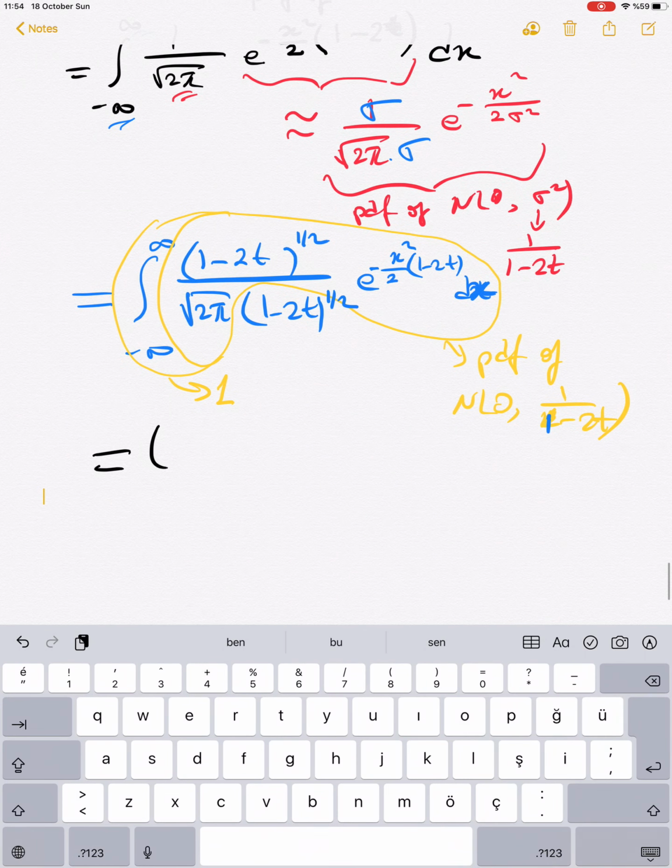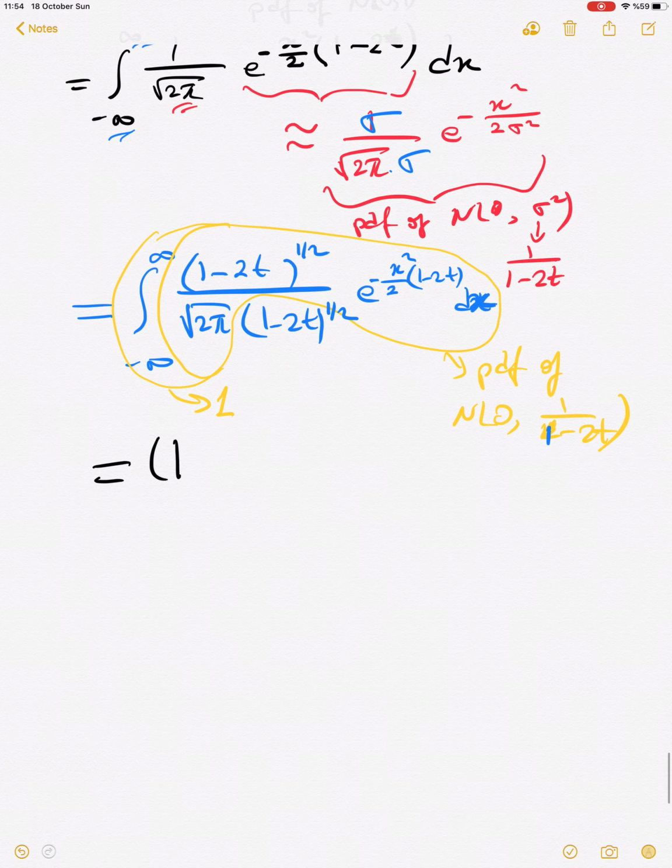Then what we have here is (1 minus 2t) to the minus 1 over 2. Again, the range of t is changed as this one, because otherwise this value will be infinity.